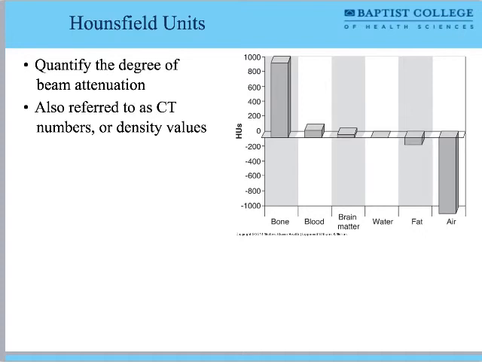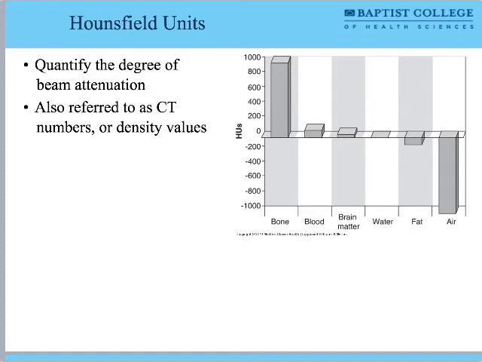So this is the scale. Zero is water. Water is 0 on the Hounsfield scale, right? And the textbook says he arbitrarily chose that. I don't think it was arbitrary. I think he was very smart, and he knew that the body is like 85% water. If we're going to zero it out, let's zero it on water.